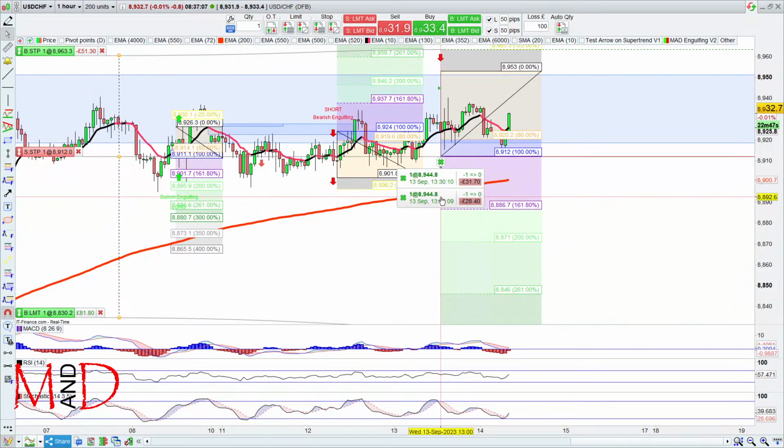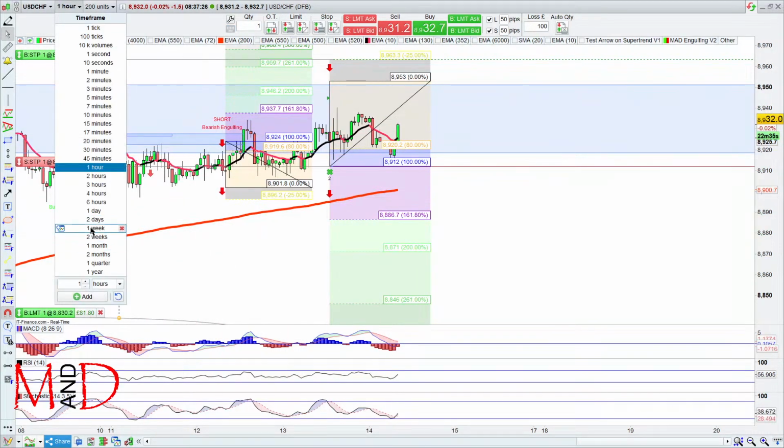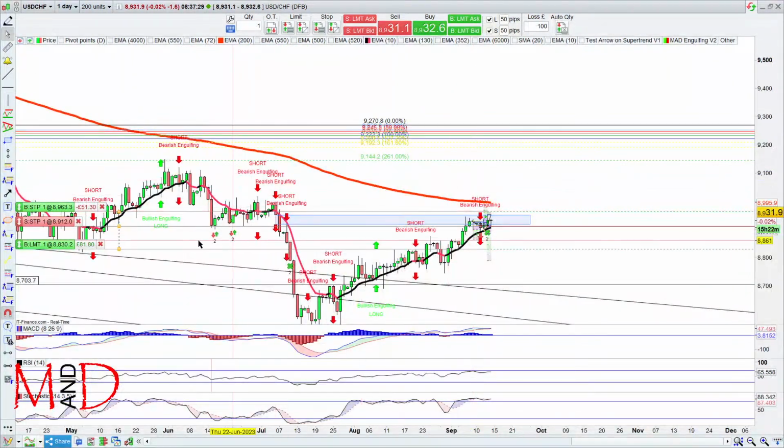I set it at 2 o'clock, as this was closing, and it hasn't triggered us in yet. Why? Well, yes, we're long on the 1 hour, but if we pop back up to the 1 day, we are short. And there was a bit of imbalance here.